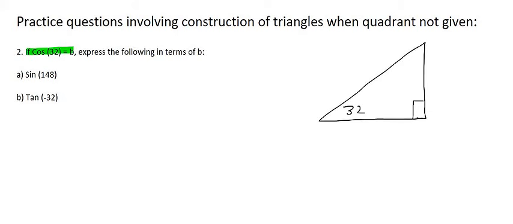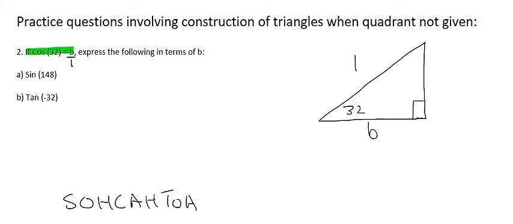So I've drawn a triangle with an angle of 32 degrees. Now remember, the trick is when they say cos 32 equals b, you should just think of that as b over 1. And then if we write SOHCAHTOA again, we know that cos is adjacent over hypotenuse, and so the adjacent is b and the hypotenuse is 1.